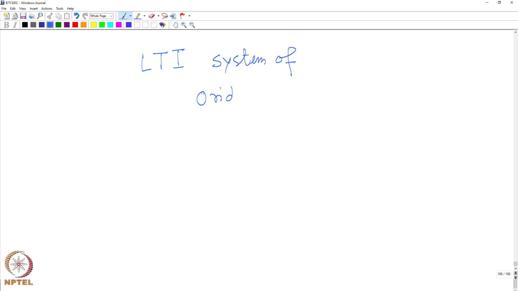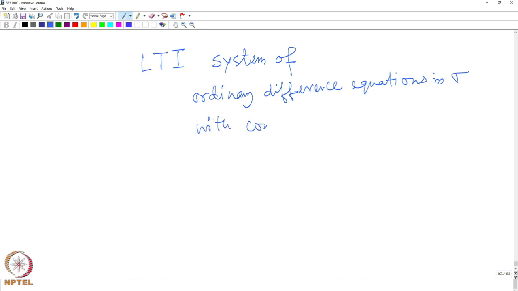ordinary difference equations, that is in shift, with constant real coefficients.